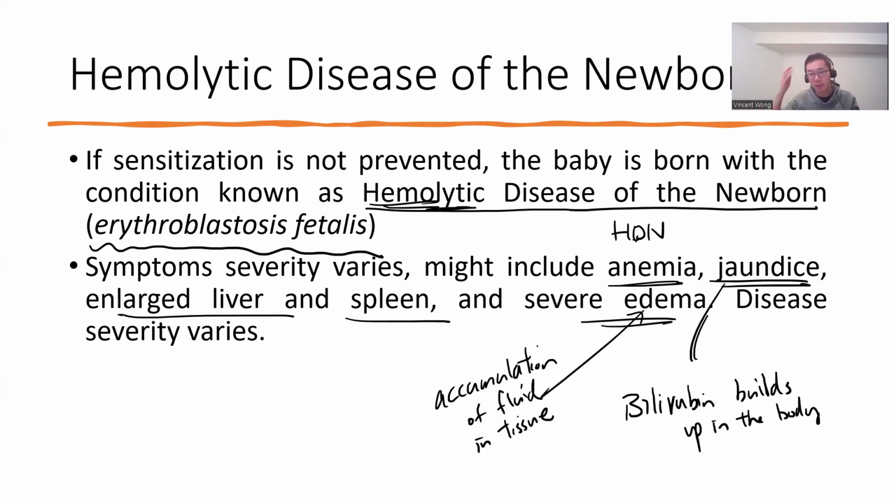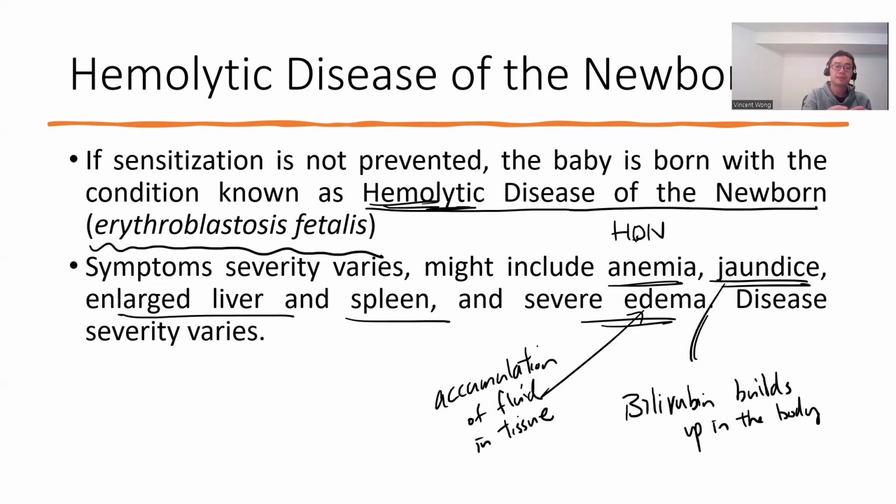These red cells make up 45% of our total blood volume. So when the red cells are dying, there is not much to hold the fluid inside the blood, and then the blood pressure will push it out, and there's swelling everywhere. That's the worst case scenario, but like I said, the disease severity is going to vary.